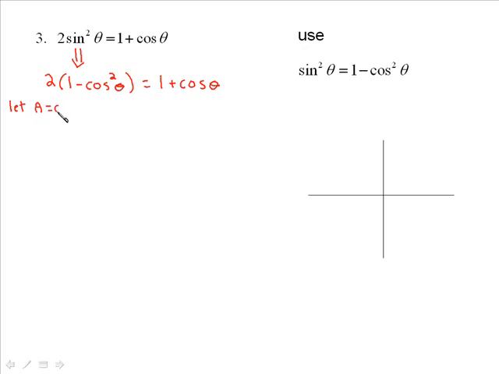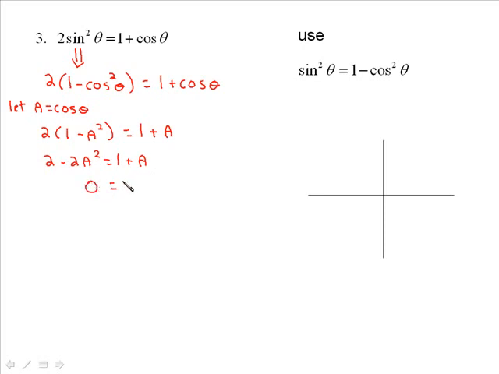So let A be equal to cos theta. I'm just doing this for the sake of the algebra. So this becomes 2 times 1 minus A squared equal to 1 plus A. And this is 2 minus 2A squared is equal to 1 plus A. We have a quadratic equation, which means we need to take it all over to one side and set it to 0.